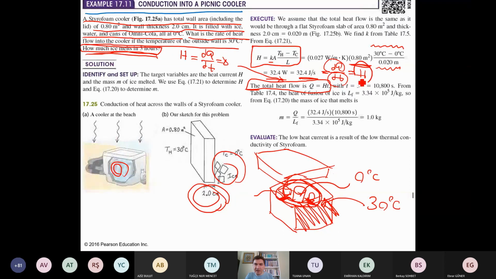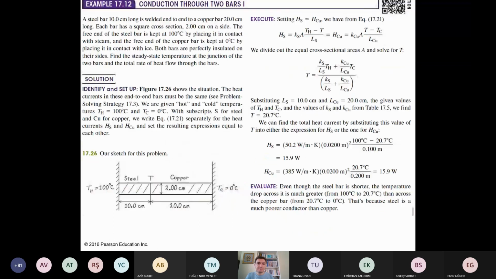We have calculated H and time is given in the question, 3 hours, 10,800 seconds, okay? Then the heat of fusion of ice is given. Then just use this equation, Q is equal to m L_F. Q is found here, just use this Q, and L_F must be given in the question. Then 1 kilogram of ice will be melted in 3 hours. This is the answer to the question.